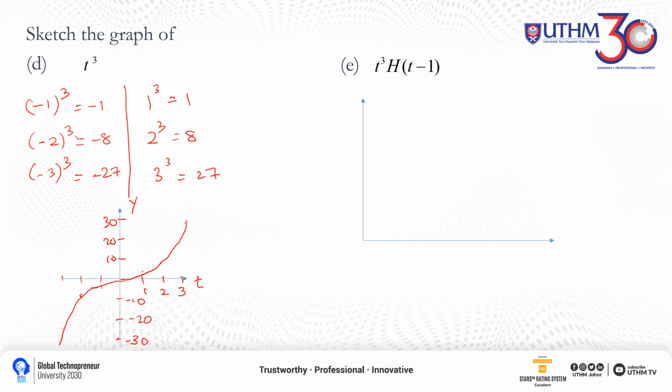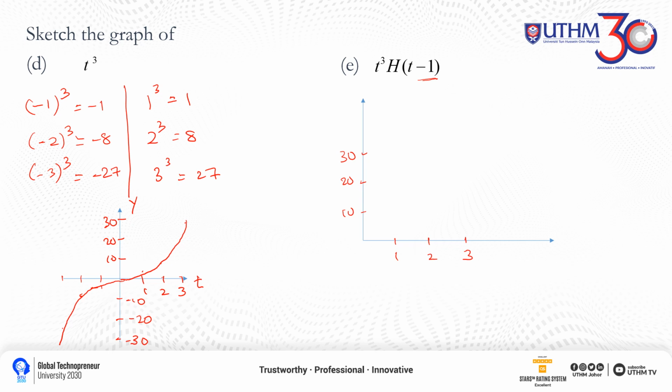Okay, as you know, t minus 1 means that the unit step function is starting from t equal to 1 to infinity. Okay, let's draw the graph. 1, 2, and 3. This is 10, 20, and 30.